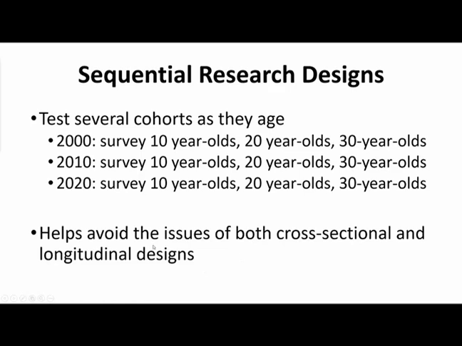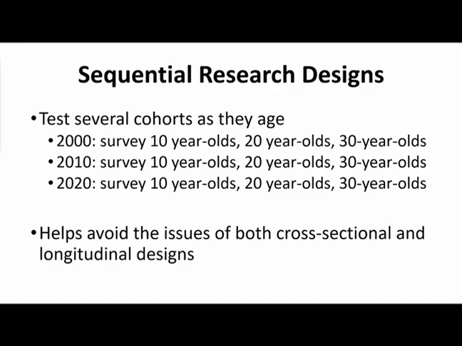And this helps us avoid the issues of both cross-sectional and longitudinal designs because they each kind of help us figure out what's going on. So we're not concerned that it's something to do with this particular cohort because we're looking at multiple cohorts. We're not concerned about it being something that's not captured in a single measurement because we're doing multiple measurements.